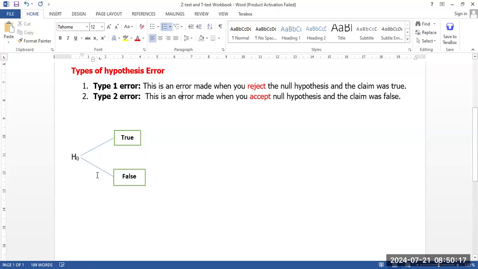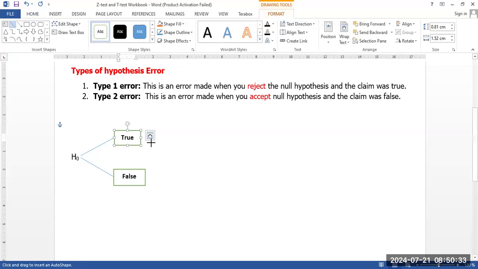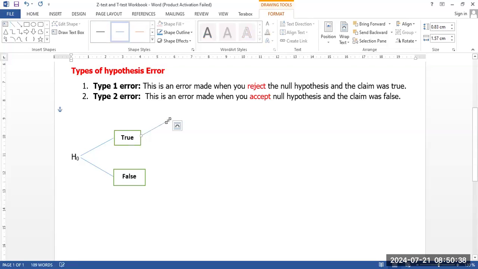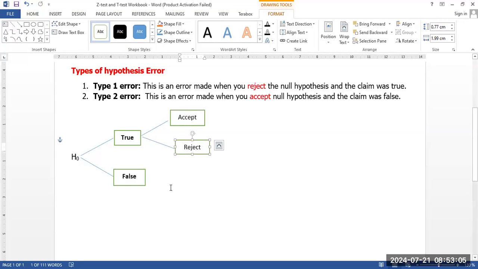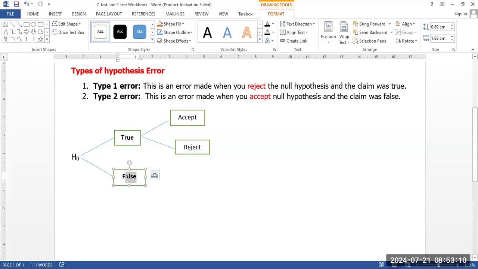So you accept that. Then from here, we are saying if it is true, you may either accept or reject. You are the researcher. You can decide at this step to accept or to reject. Then also here you have two options. It may be false. Your null hypothesis may be false, but at the end of it all, you want to make a conclusion.